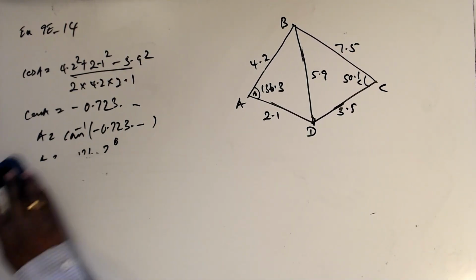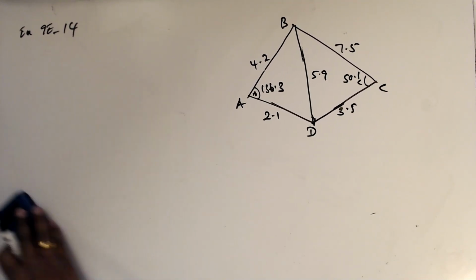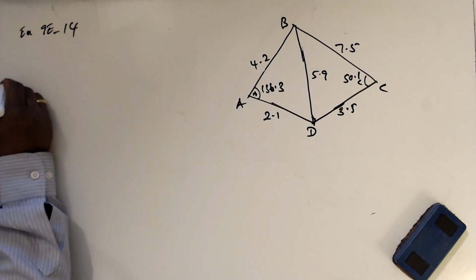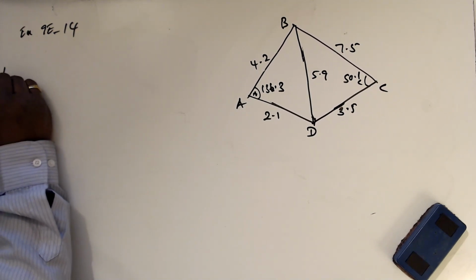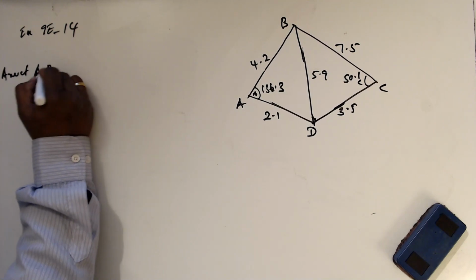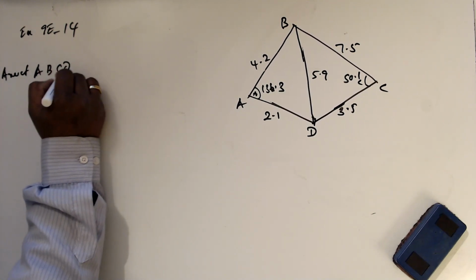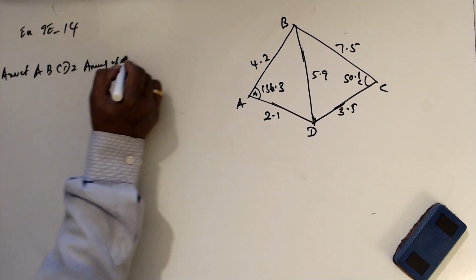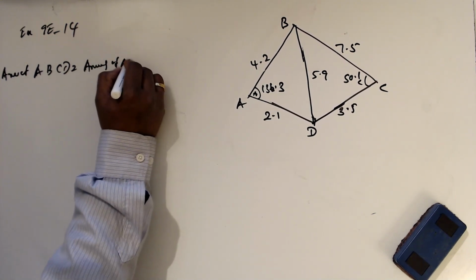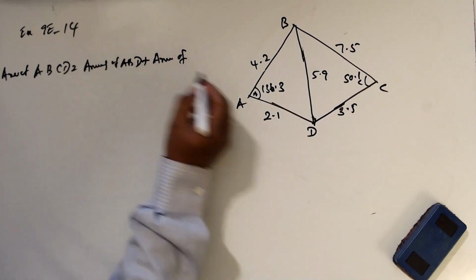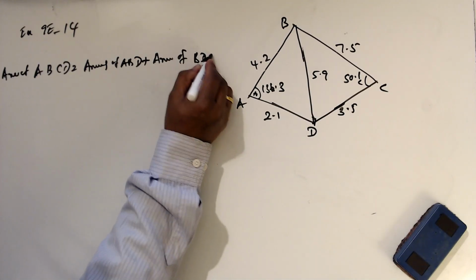Now we need to find the total area. So it means two triangles. Area of ABCD equal area of ABD plus area of BDC.